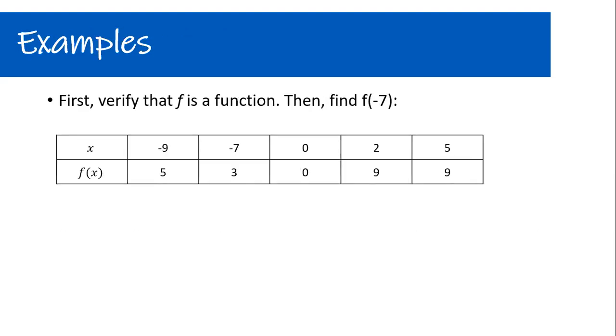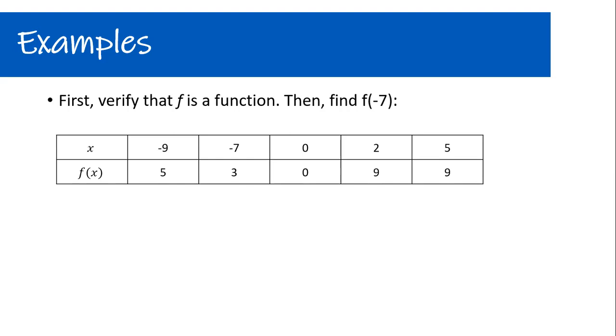So first we want to verify that this is a function, okay? We need to say, for every x, there is only one output. If we look, we see that our domain is -9, -7, 0, 2, and 5. Nowhere on here is an x repeated, so we're good.